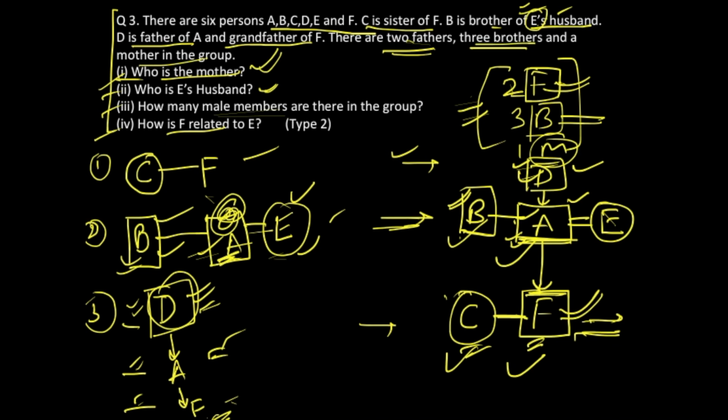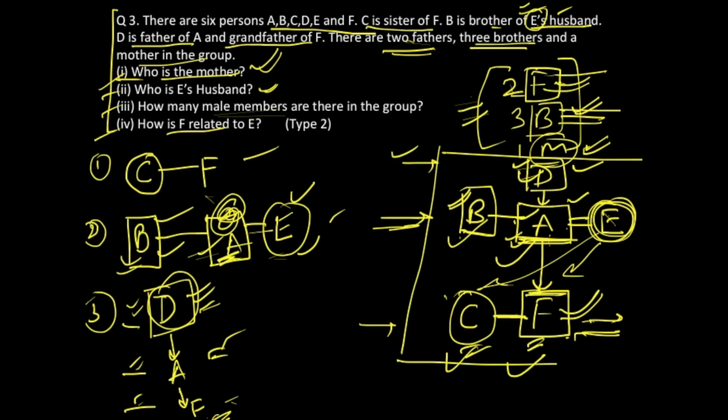If this condition is also met, you know that the first part and second part are holding true, and now it is given to us that there is one mother in the group. So if A is the father of C and F, and A is married to E, then E becomes the mother in the group, right? Because E becomes mother of F and C automatically, right? So this third condition is already met. Now it looks like our assumption is actually holding true.